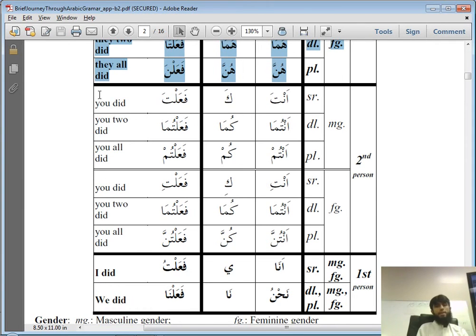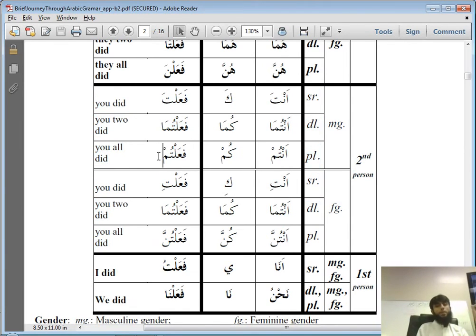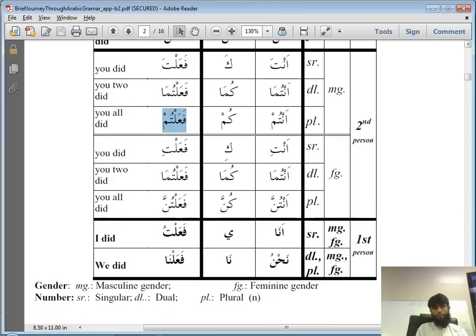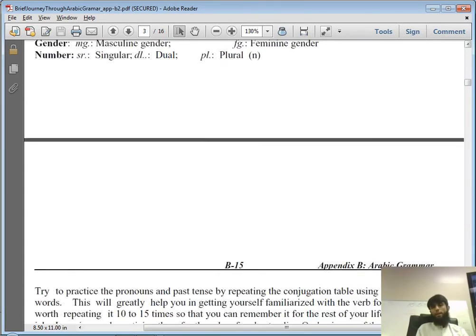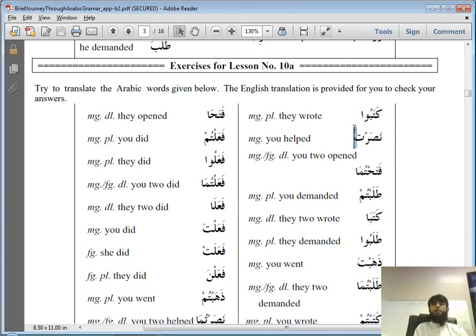We look in the second person here, and we will find the plural case, which is this case. So it would be katabtum. Katabu, similar. Nasarta is you helped. And the other example, fatahtuma, you two opened, you two were victorious.